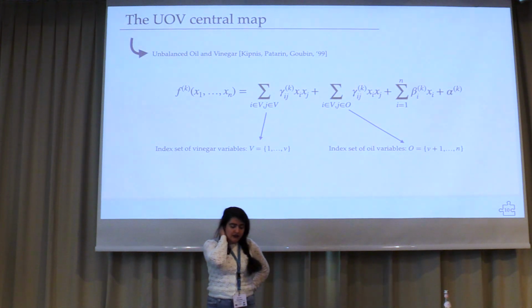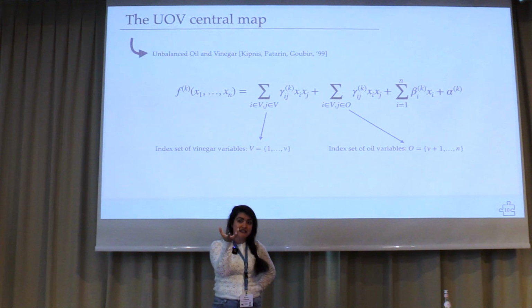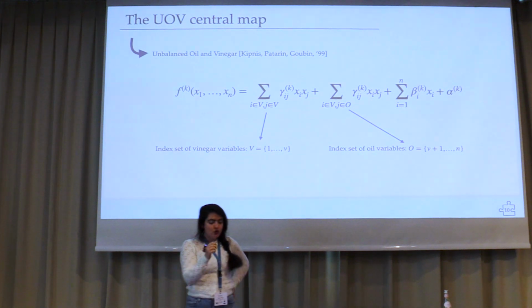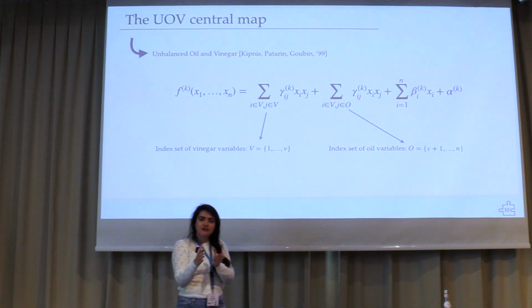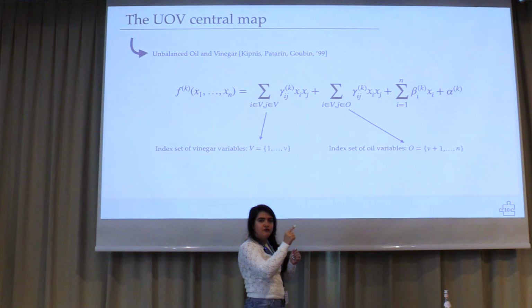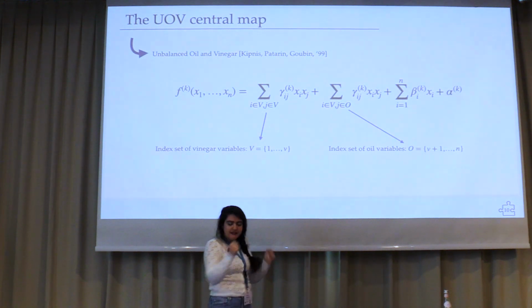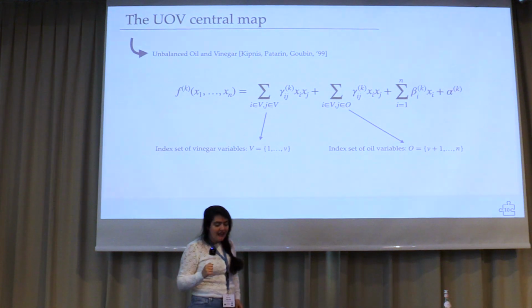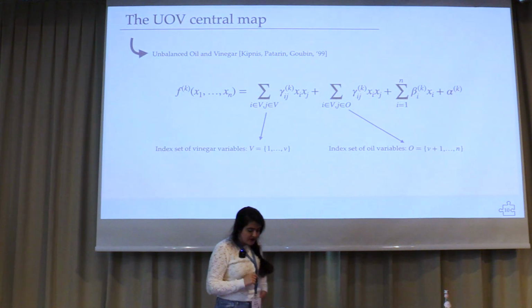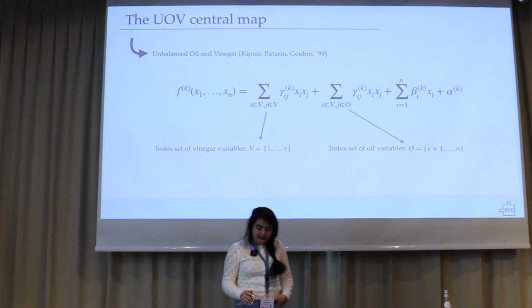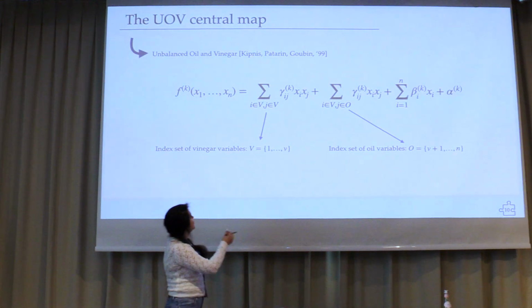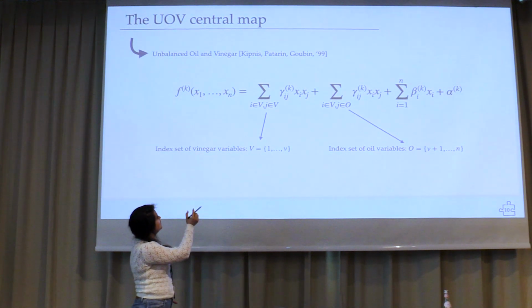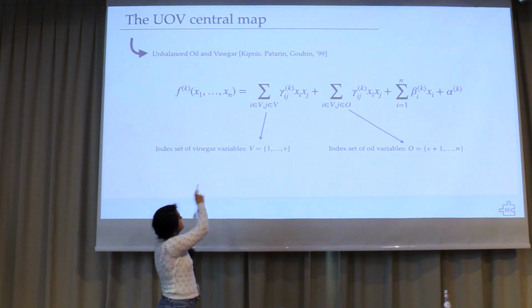The way we make a polynomial system that is easy to solve is the following. You divide your variables in two sets. You will have variables 1 to v, which will be called vinegar variables, and then you have oil variables for the rest. All of the polynomials in the central map will look like this. You have quadratic monomials that contain two vinegar variables, that is the first part.